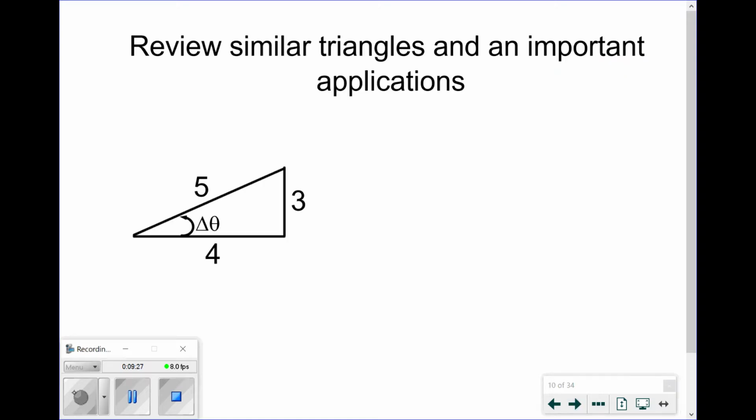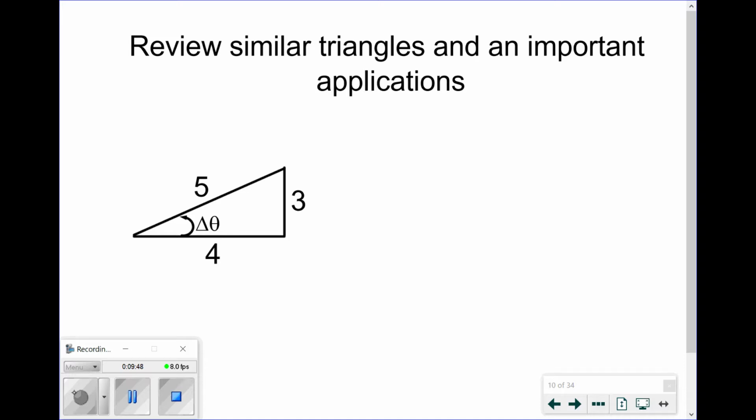A key skill that you worked with in earlier math classes was similar triangles and how to use them to solve for the sides of other triangles that were similar to them. This is a key skill that we're going to be using constantly throughout our course, although not necessarily in the same context.